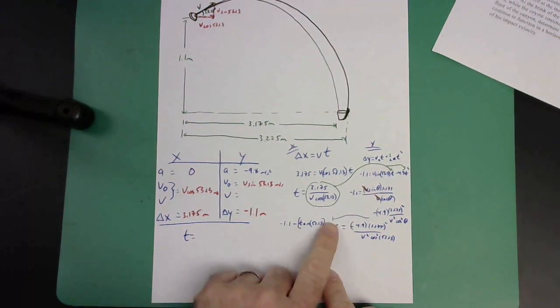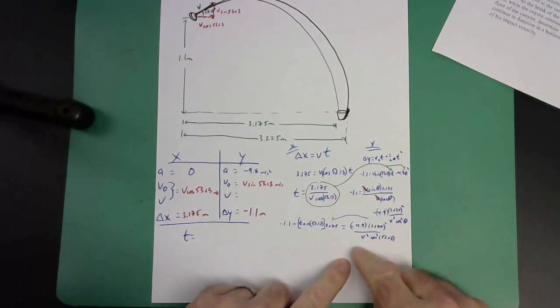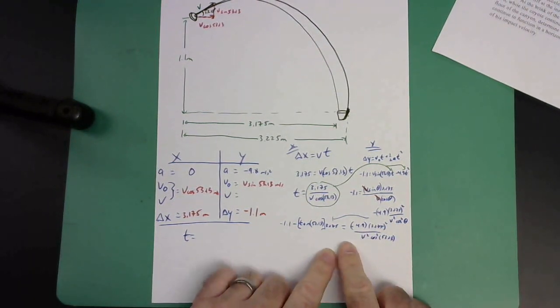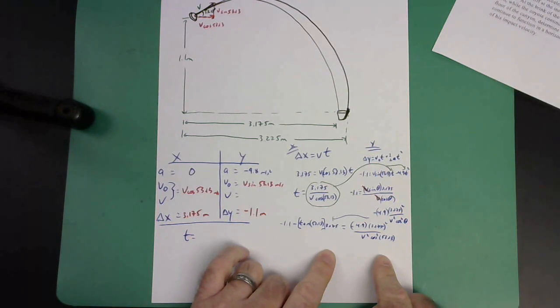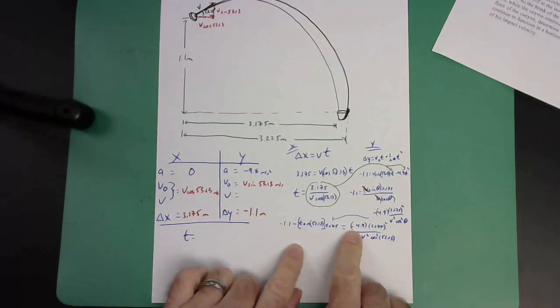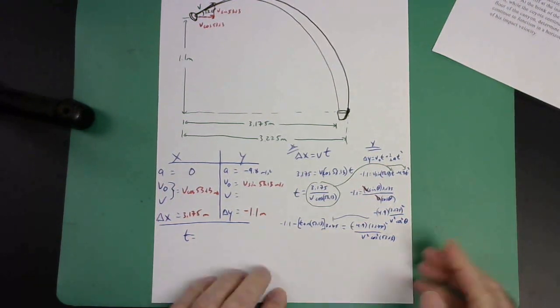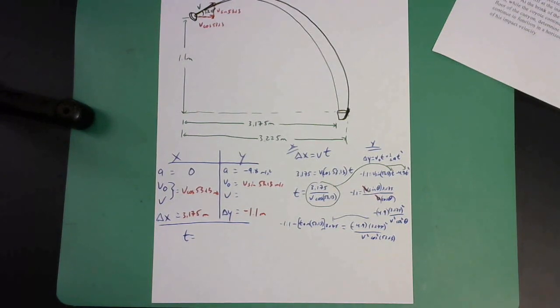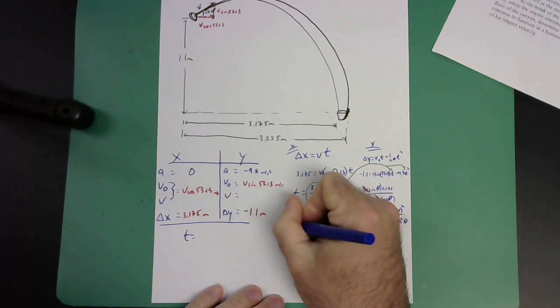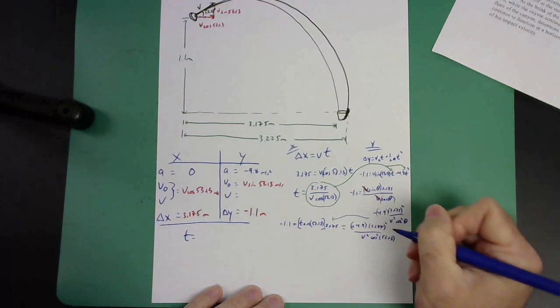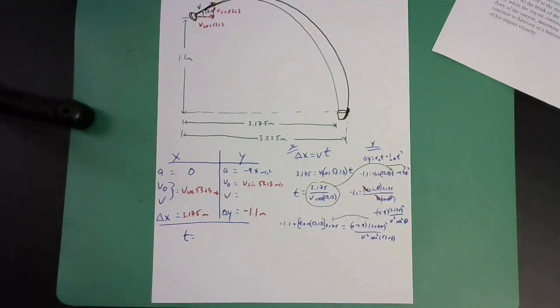So the key is this is all numbers I can get on my calculator. I'm just going to solve for v squared. And you see there's a negative, negative, negative. I can make them all positive by multiplying through by -1. I don't have to worry about those negative signs anymore.